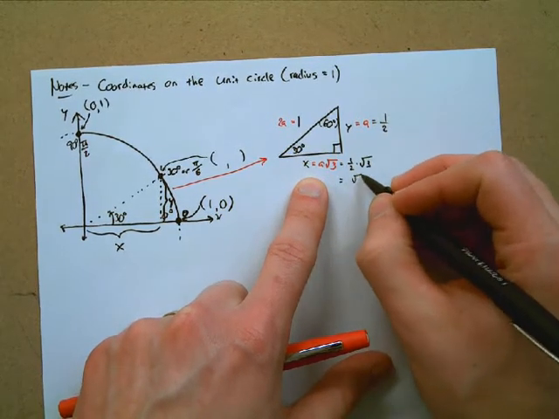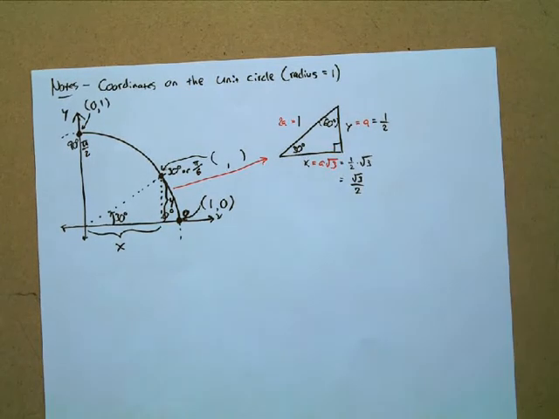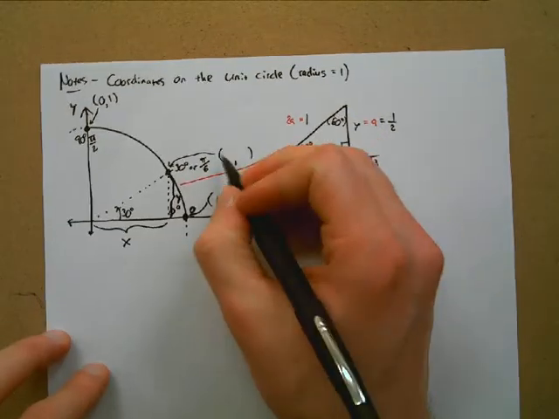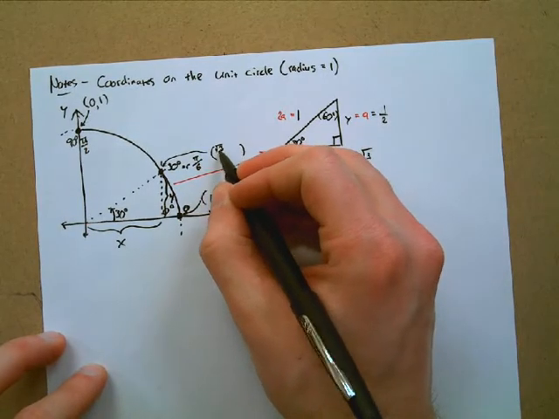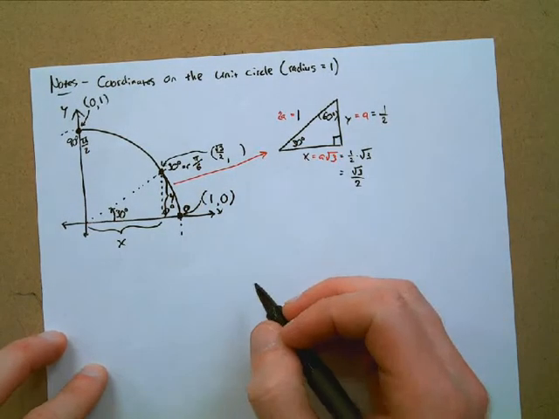That yields, for the x coordinate of this point, the square root of 3 over 2, and then 1/2 for the y coordinate, to correspond to those legs right there. So we got that coordinate there, that coordinate there, and that coordinate there.